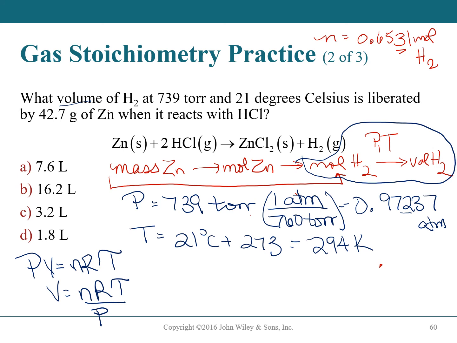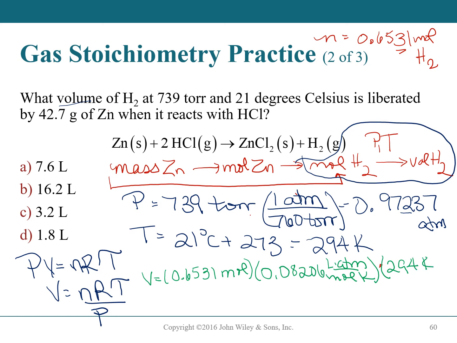So volume is equal to 0.6531 moles of hydrogen gas times R, 0.08206 liter atmospheres per mole Kelvin, times our temperature, which is 294 Kelvin.